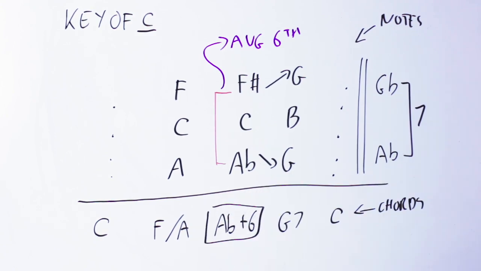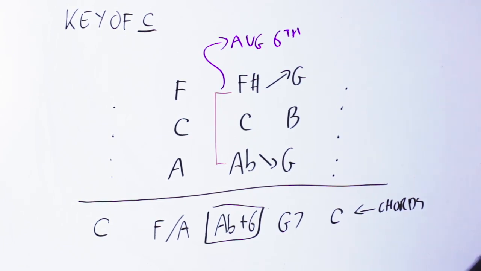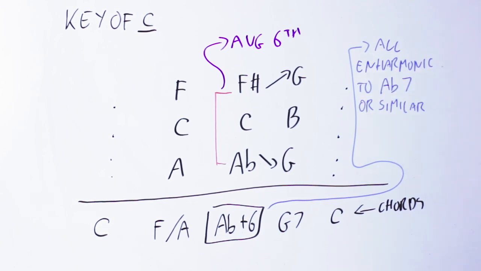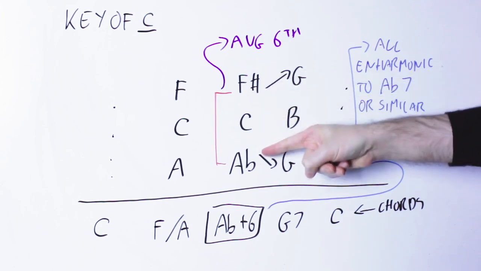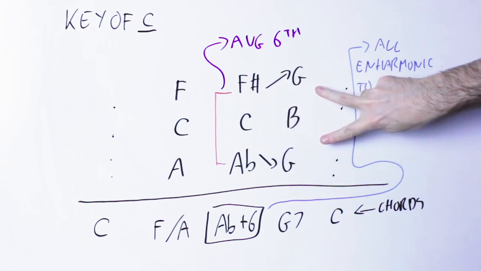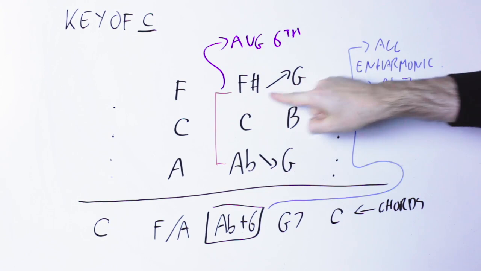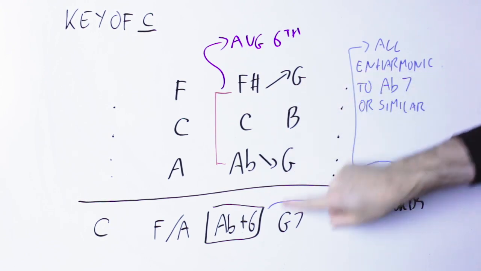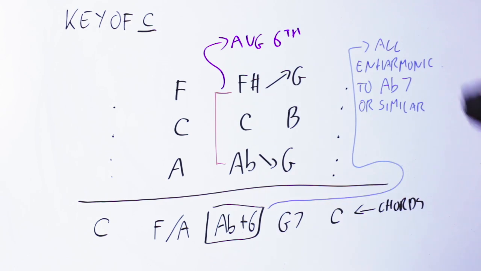Enharmonic means that if I respell those notes like A-flat, G-flat, I just add the interval of a minor seventh. And indeed, the augmented sixth chords are all pretty much enharmonic to an A-flat seventh chord. This interval here and its resolution, with the A-flat going down to G and the F-sharp going up to G, is the important feature of the augmented sixth chord.